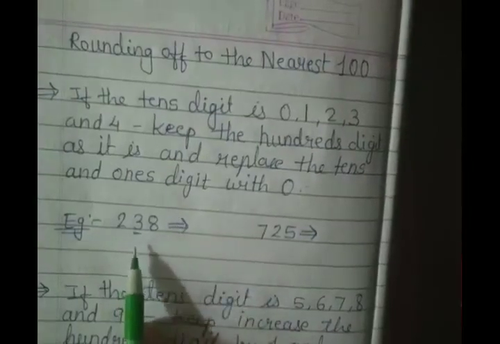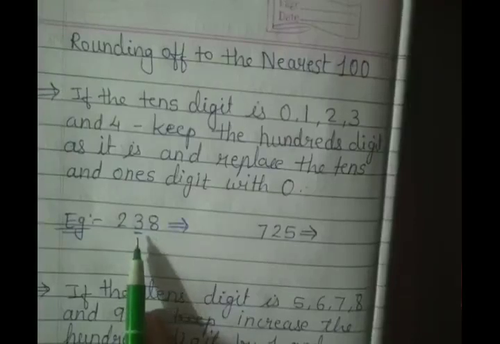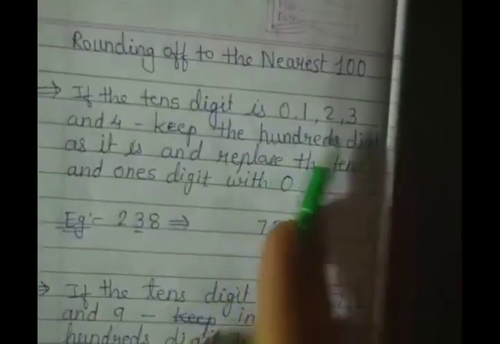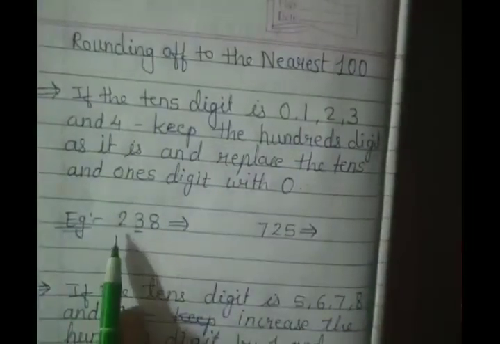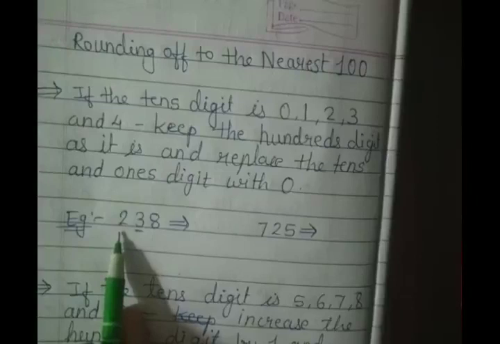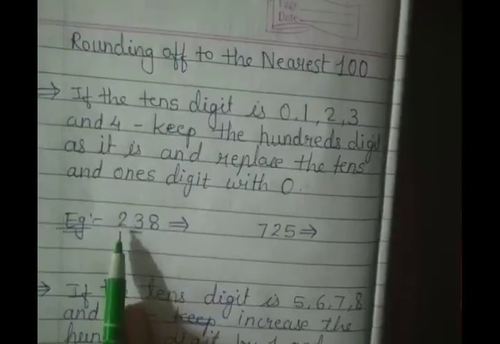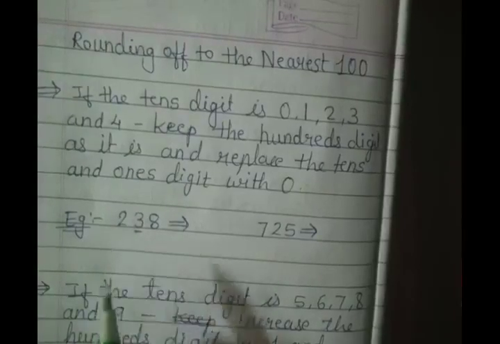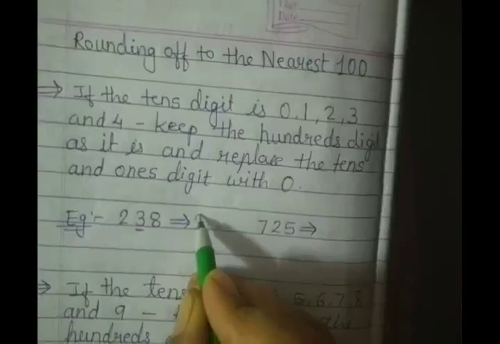Fine. So concentrate on this digit which is present at the tens place. Now it is 3. So when we are having 0, 1, 2, 3 and 4 at the tens place, we are not going to change this hundreds place digit. So that digit we will write as it is. So what digit is there at the 100 place? We are having 2 at the hundreds place.